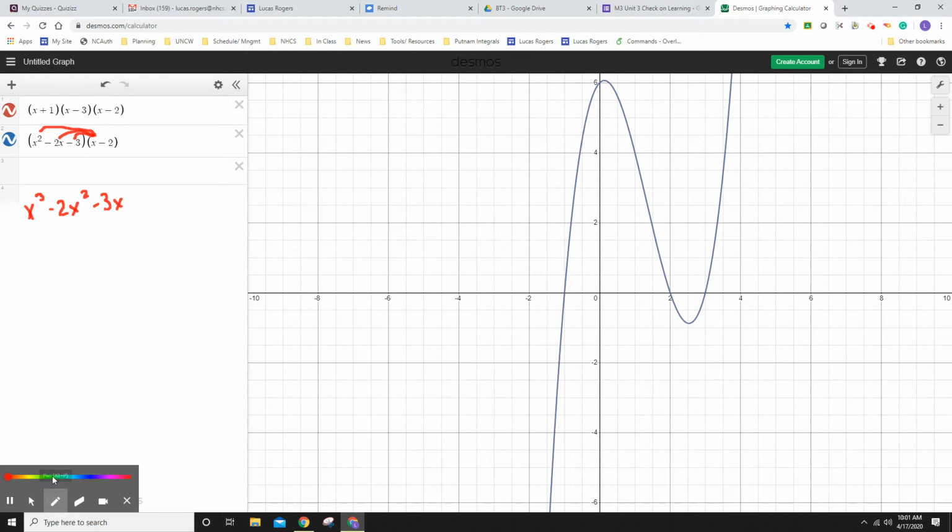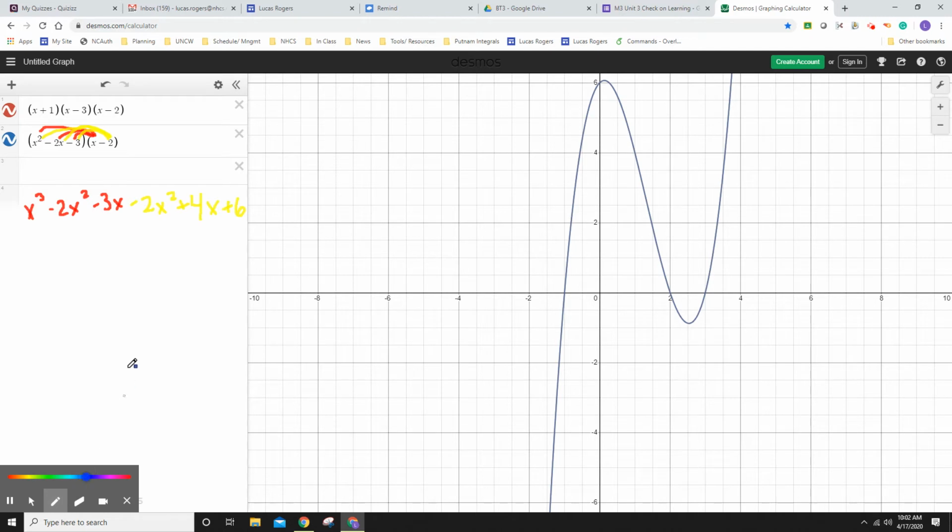Then you move on to the next term and say, okay, I'm going to do negative 2 times each of these now, giving us minus 2x squared plus 4x plus 6.